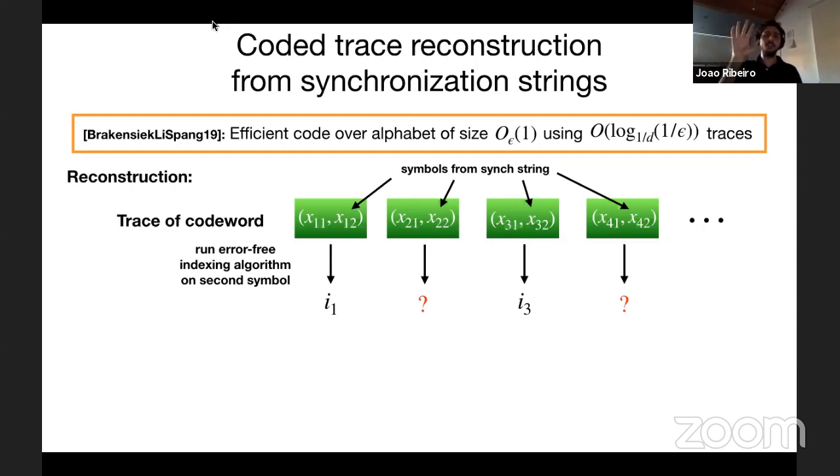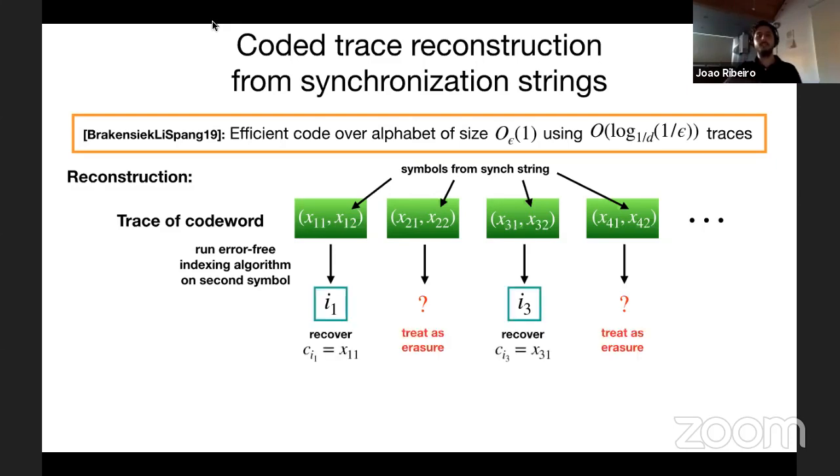For each index that the algorithm outputs, we know it's correct. It matches the true index of that pair, which means that for the true indices, we can recover the code word symbols. If you recover, say, index I1 from the first pair, this means that the index I1 of the code word is equal to X11, and the same for I3.